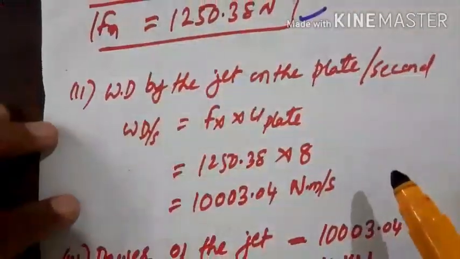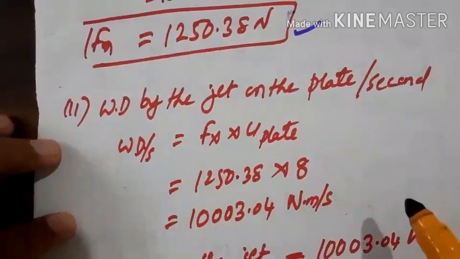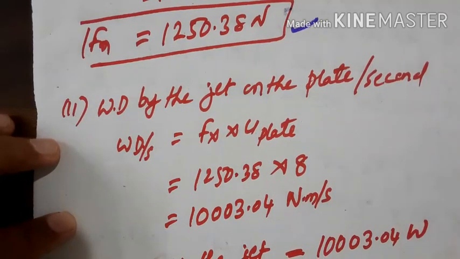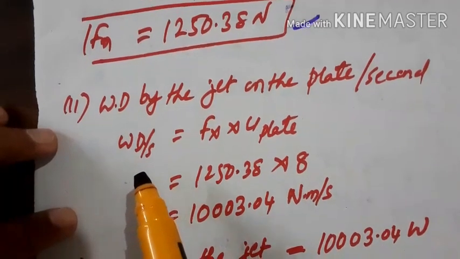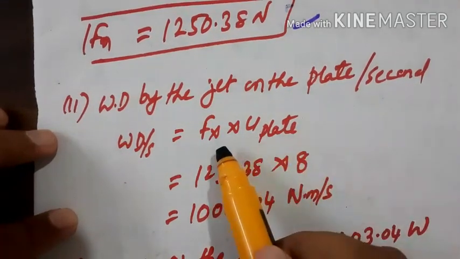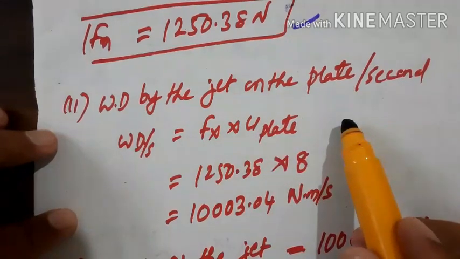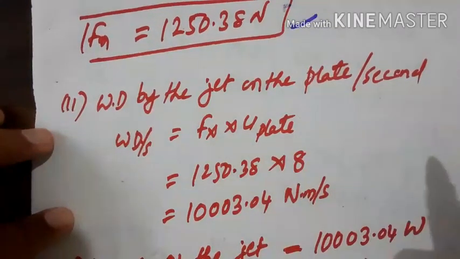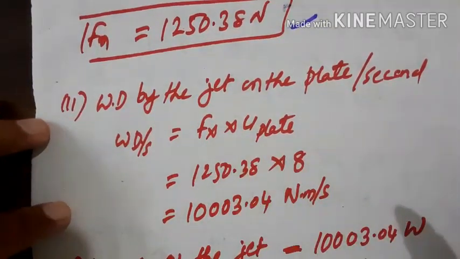Then they ask to calculate the power generated by the jet as well as the efficiency of the jet. And to calculate the power, first we have to calculate the work done per second. The work done per second will be the force into velocity, that is the force exerted by the jet in x direction into the velocity of the plate. So if the plate is not moving, if the plate is fixed, then the work done per second will be 0.